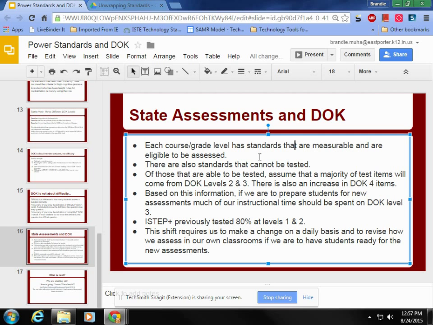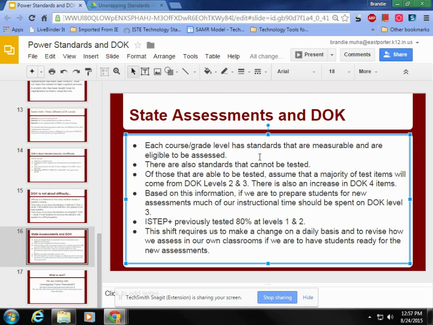And that's what the state looks at. So when you get those assessment blueprints, when you go on the IDOE website and you can find your assessment blueprints, and that lays out for you what you should be covering or spending a lot of your time on, those are standards that are measurable. So we have standards that can be measurable and assessed, and then we have standards that cannot be tested.